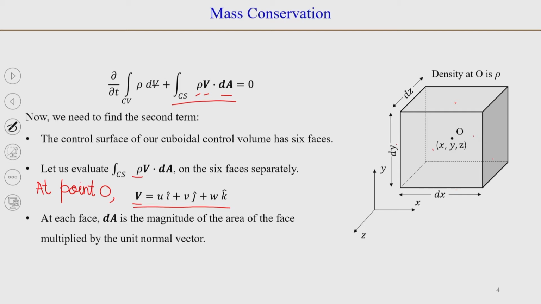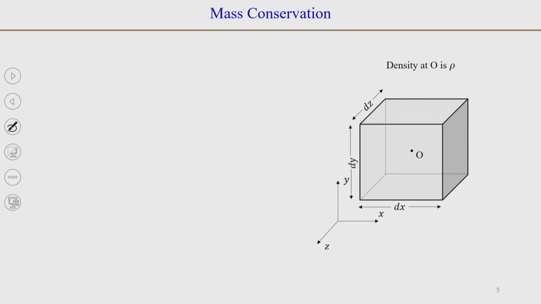Okay. So, let us do that exercise, and we will start with the first face, which is shown by a green boundary here. So, this is the right face, and the normal to it will be in the positive x direction. So, it will be i direction.